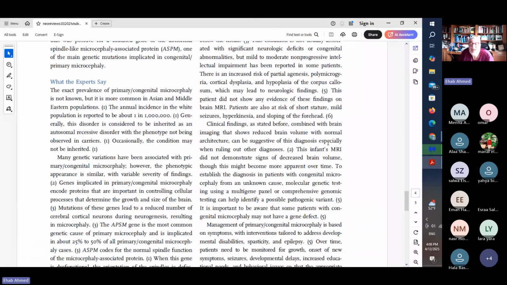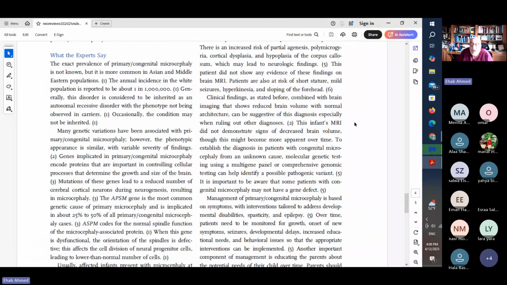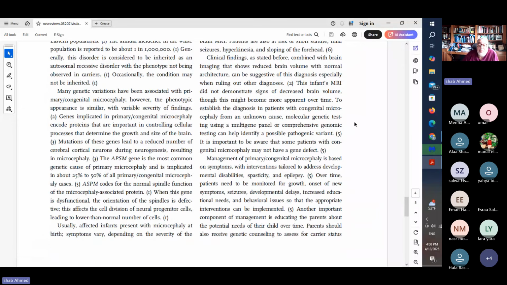Clinical findings, as stated before, combined with brain imaging. The question is whether the size of the brain is reduced or not, and if there are other associated neuronal abnormalities. This is going to determine the outcome. Infants' MRI did not demonstrate signs of decreased brain volume, which is an extremely important sign.